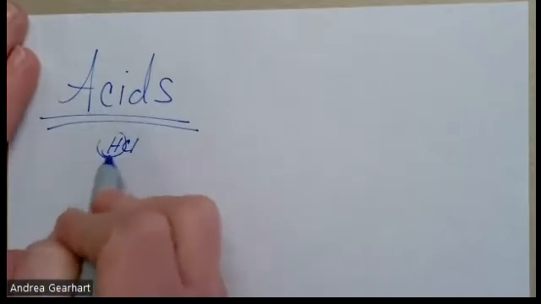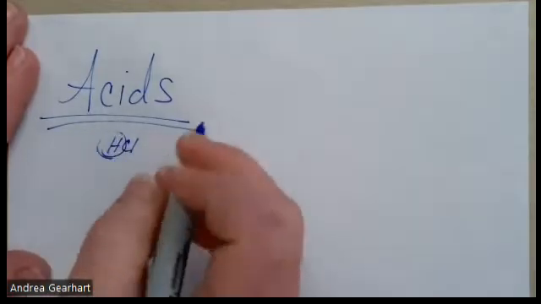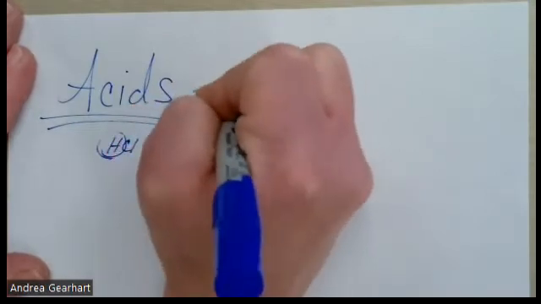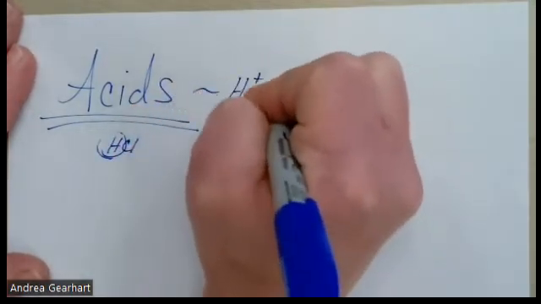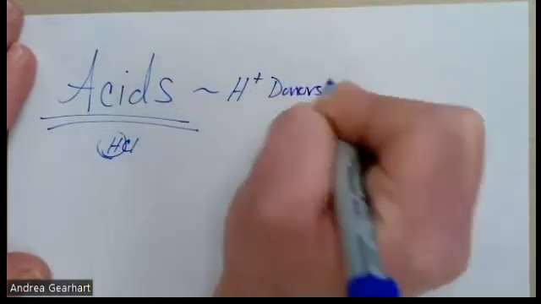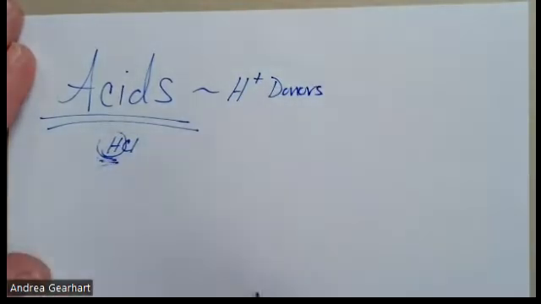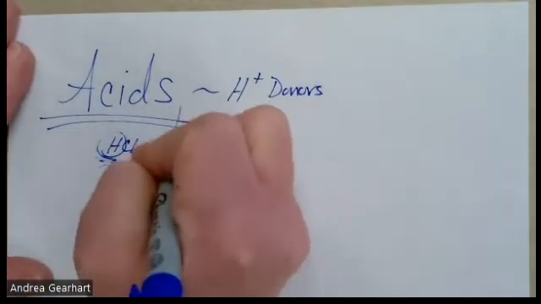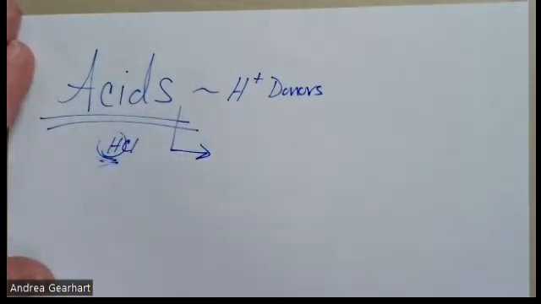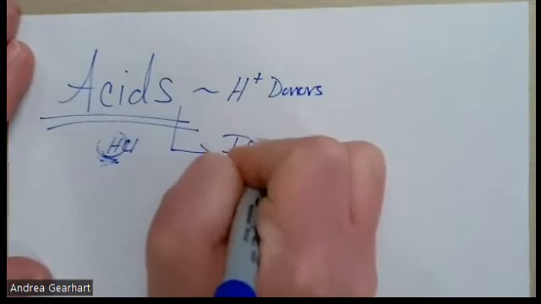So we recognize its role in the formula, but acids are hydrogen ion donors. They give away that hydrogen ion to something else. That is how acids behave as solutes. They ionize.